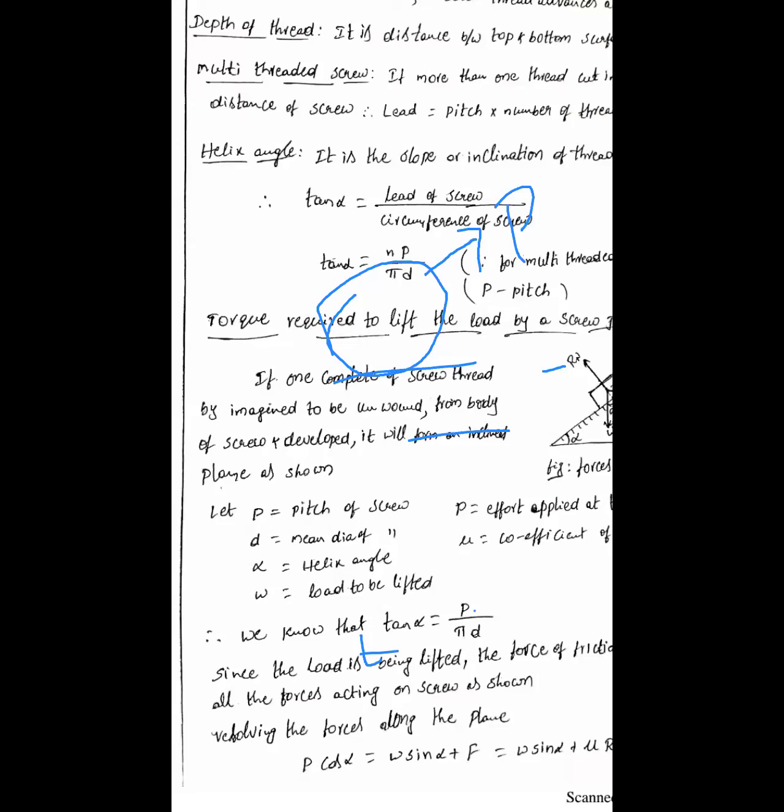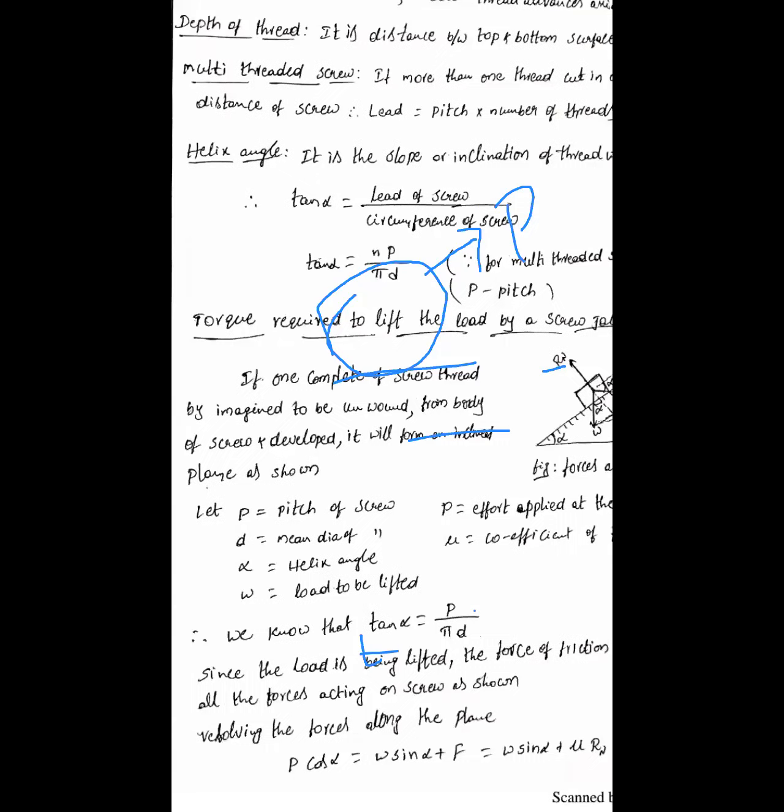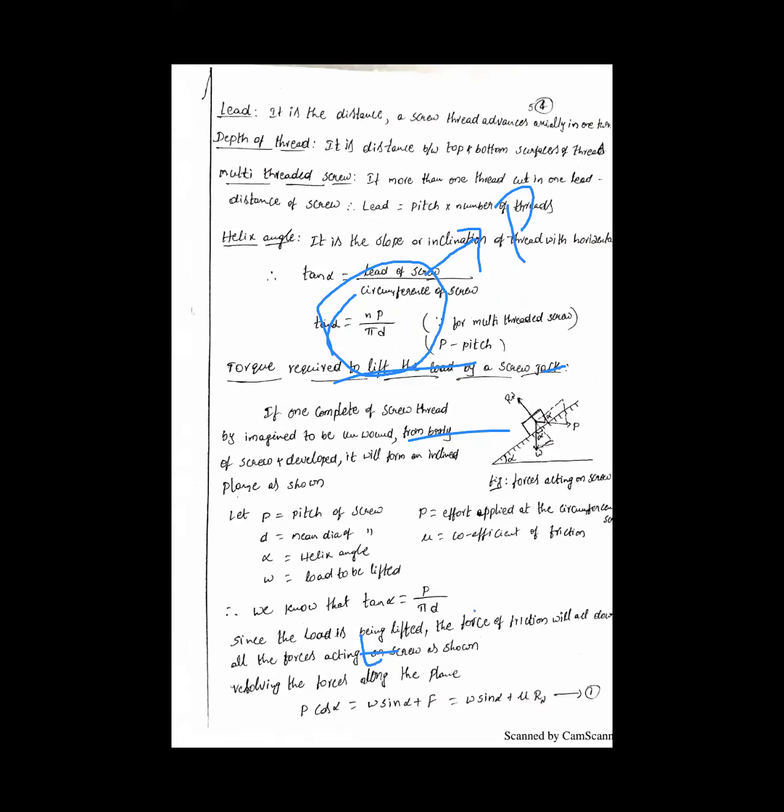That is the load value. And now tan alpha equals what? P by pi d. When you take only one complete turn of screw thread, imagined to be unwound from the body of the screw and developed, tan alpha equals P by pi d.